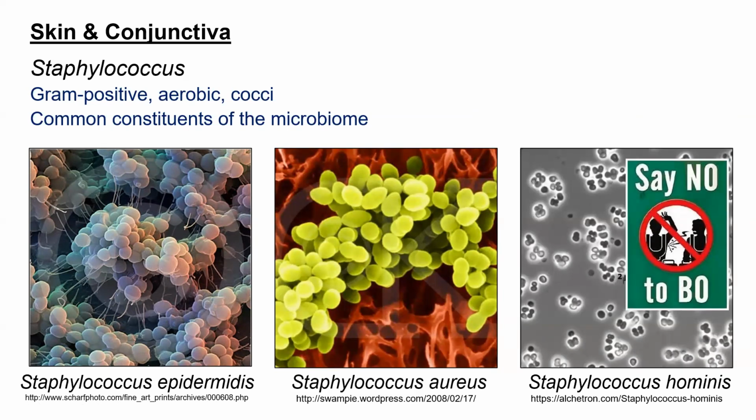That's right. So if you have lots of this one, it makes these, I think they're called thiol esters, these little compounds that kind of stink. And some of us have more of this Staphylococcus than others, and we don't need to mention any names. But it does happen. So, say no to BO. Have your showers if you have that one there, and maybe you can change the profile of the microbiota on your skin.